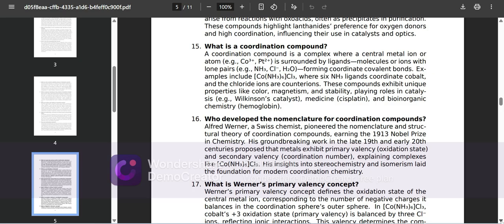These compounds exhibit unique properties like color, magnetism, and stability, playing roles in catalysis, medicine, cisplatin, and bioinorganic chemistry, hemoglobin.